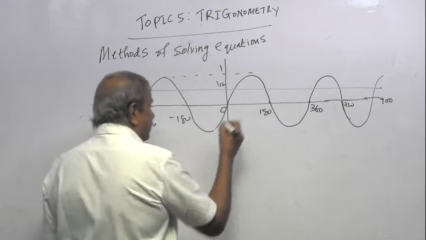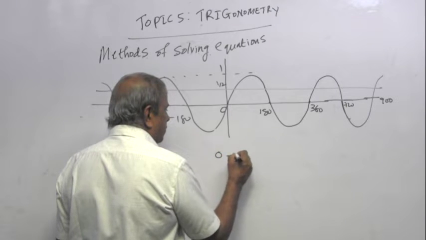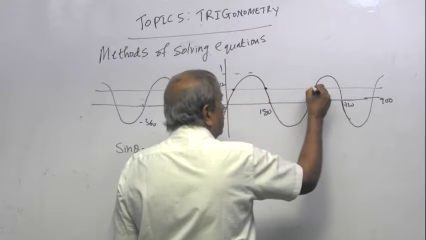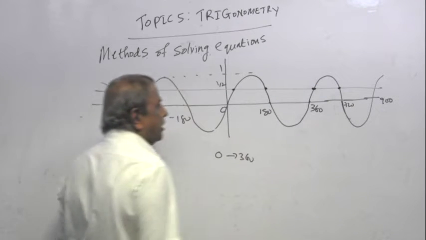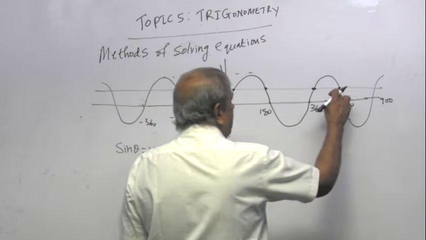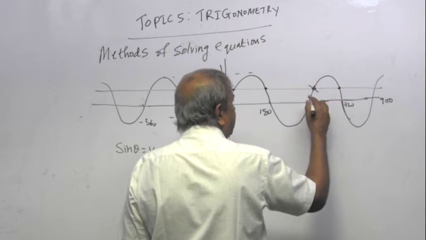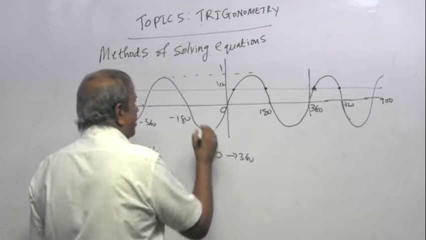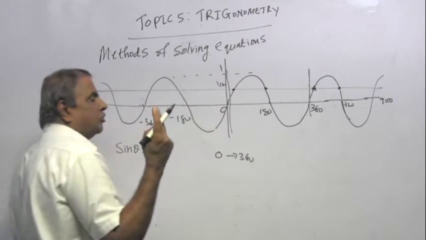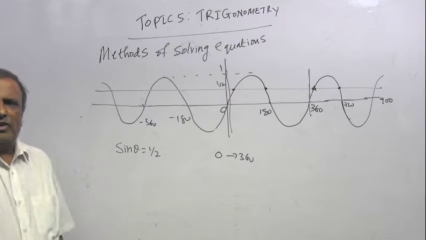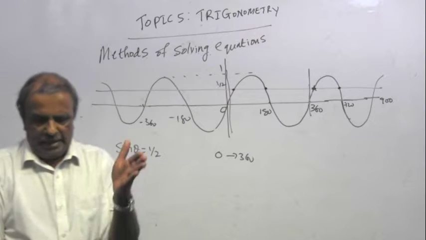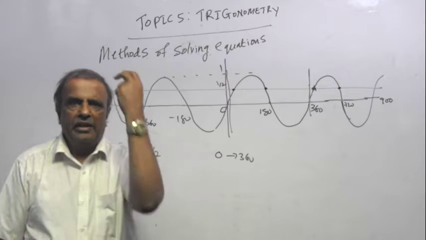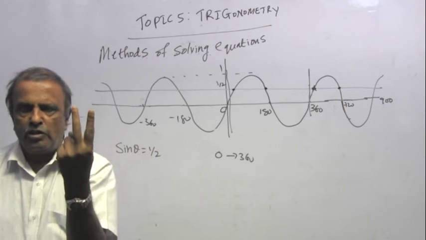We have to solve. Let's say I want to solve from 0 to 360. I have 1, 2, 3, 4 solutions. Oh! Only 2. That's wrong. 360 stops here. There's no solution there. So, from here to here, there are only 2 solutions. So for sine theta, in a standard interval of 360 degrees, 0 to 360, there will be only 2 solutions.